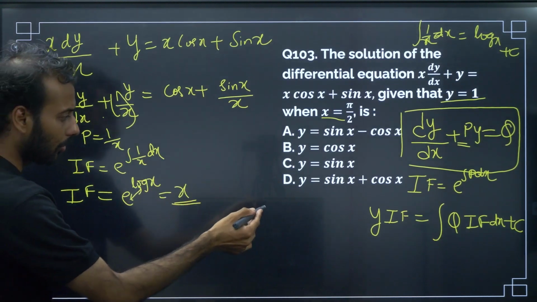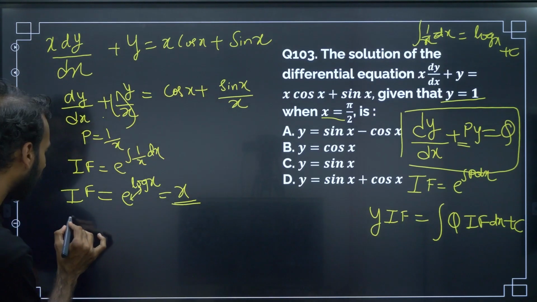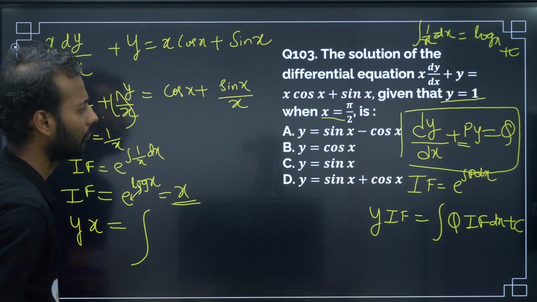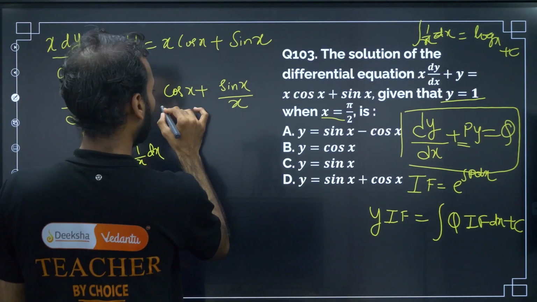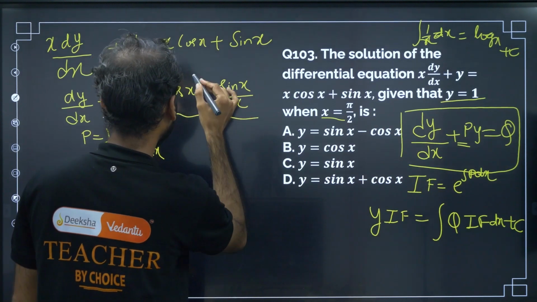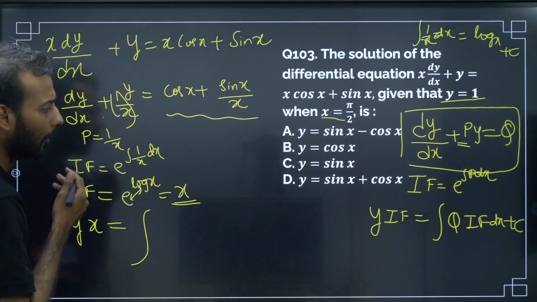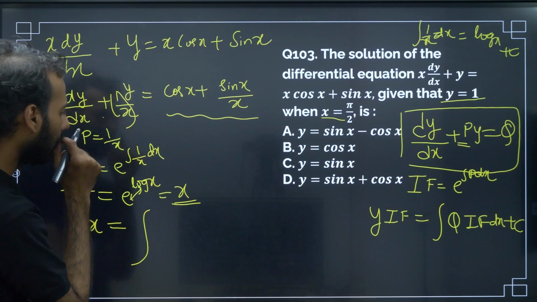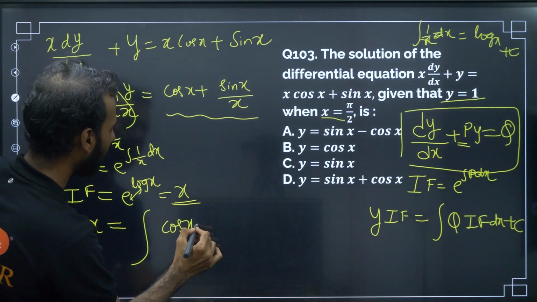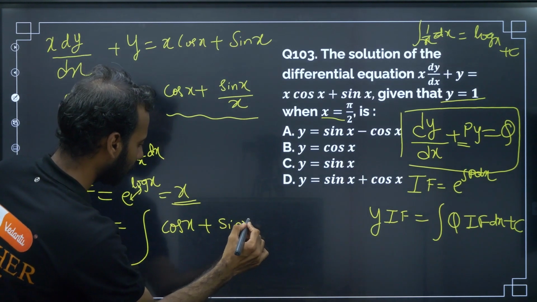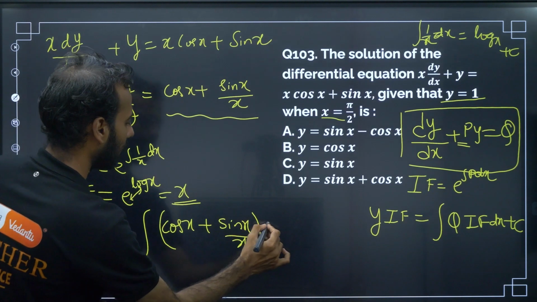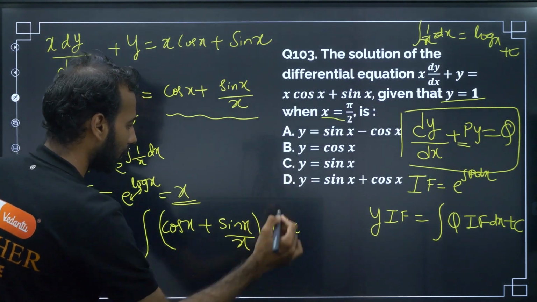Now I will use the next step: y times IF, in place of IF let me write x, is equal to integration of q times IF. What is q? This is the standard algorithm. You compare the algorithm with this part. This is q. So let me write what I should write in place of q. Q is cos x plus sin x by x, and IF is x, so I am writing x dx.